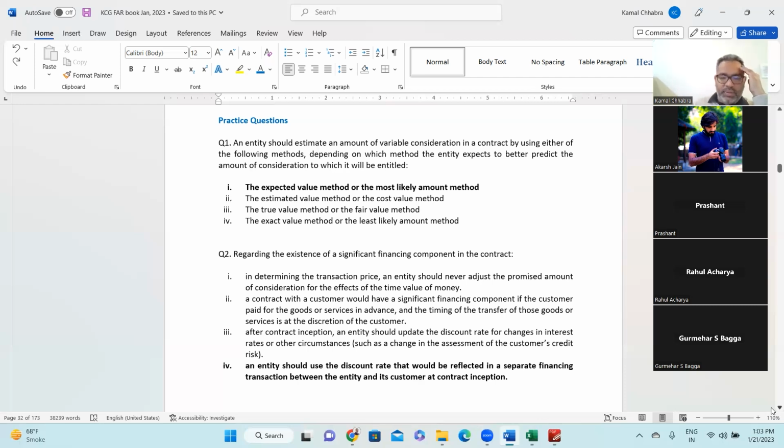After the contract inception, that means you already entered into a contract. An entity should update the discount rate for change in interest. For example, there was a $10,000 product which you have given to the customer at a $1,000 discount, and the customer agreed to pay $9,000 along with, let's assume, 5% interest over the period of 12 months on an EMI basis, right?